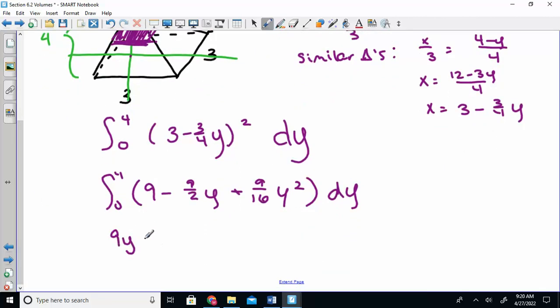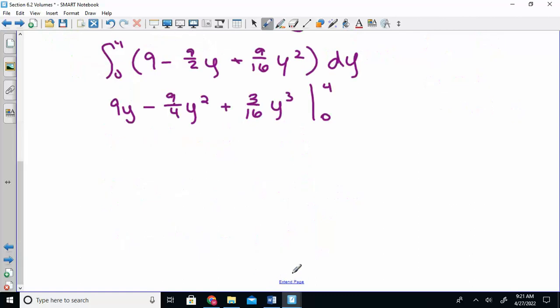So then if we integrate, and if we plug this in, we get 36. 9/4 times 4 squared, so all the 4's could cancel, so 9 times 4 is 36. 4 cubed divided by 16 is 4, times 3 is 12.